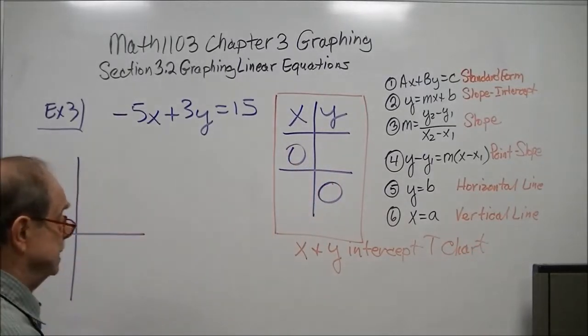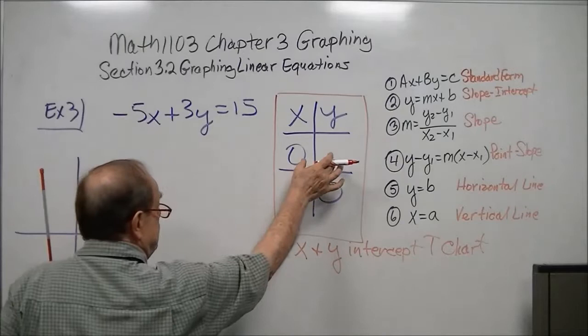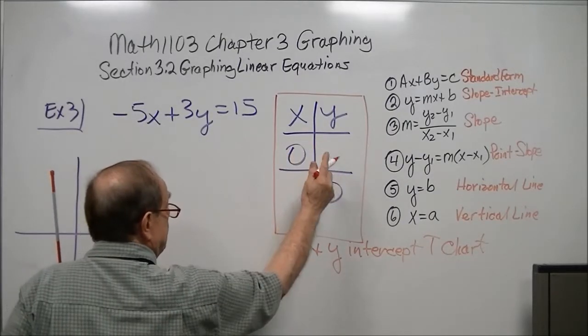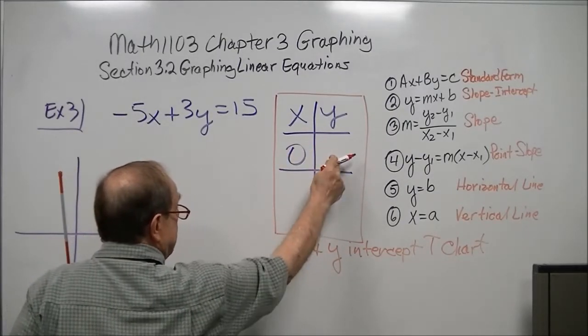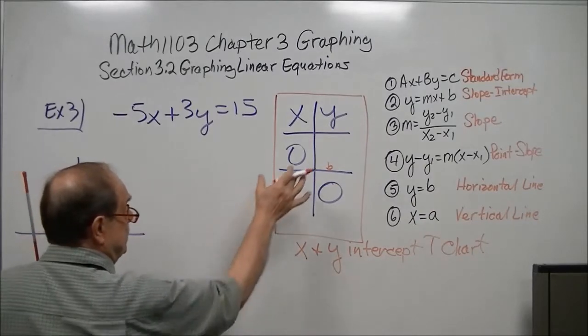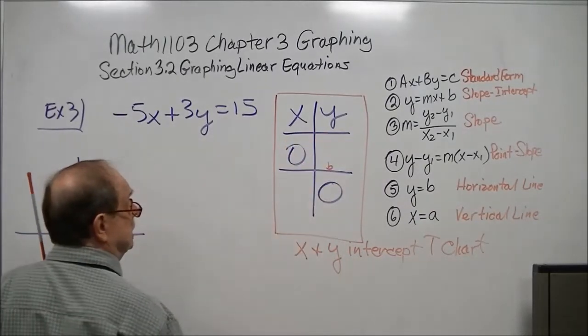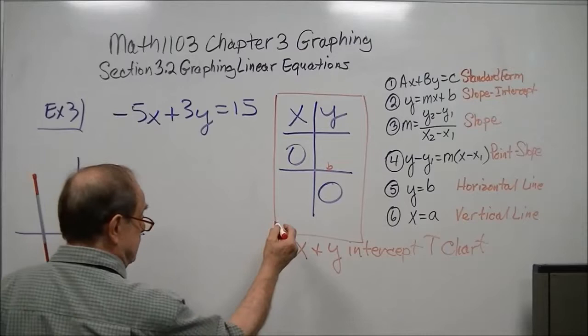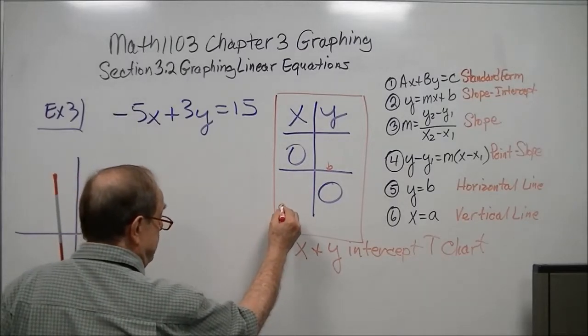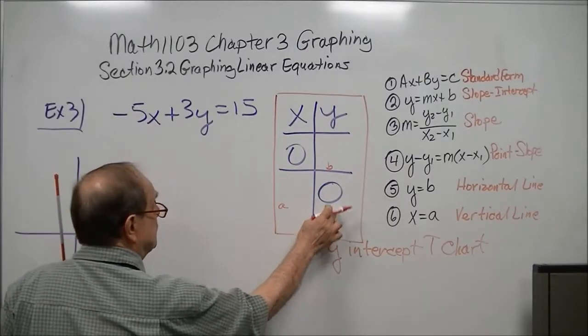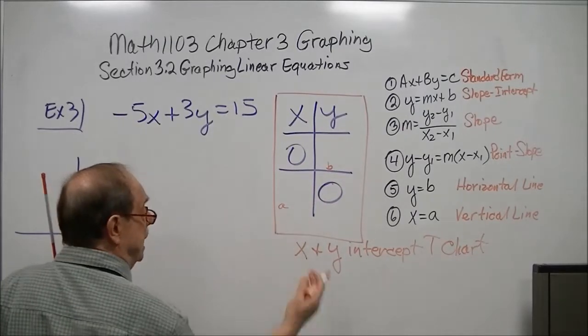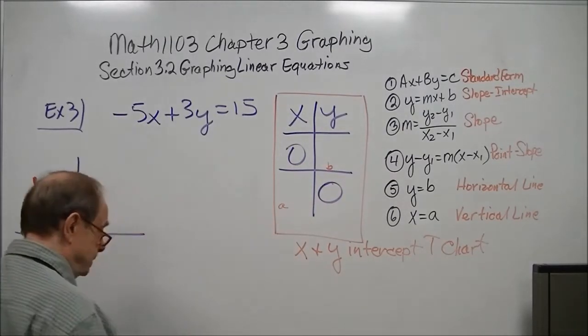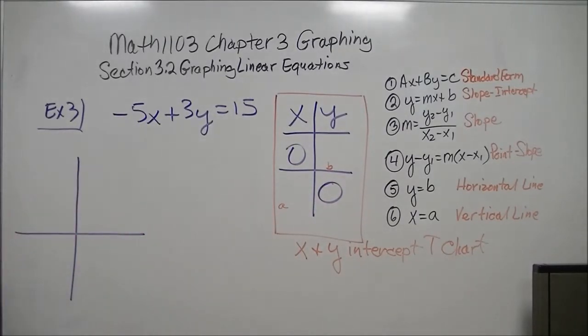And why is that? Well, because when you put a 0 there, whatever this term is, that will be your b. And we said that's where it's going to cross the y-axis. If you put a value here, 0, for y, this value, that will be your x-intercept. So we'll see that. Let's just watch this.